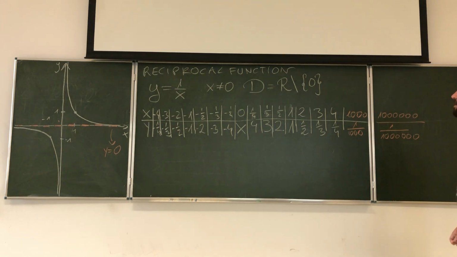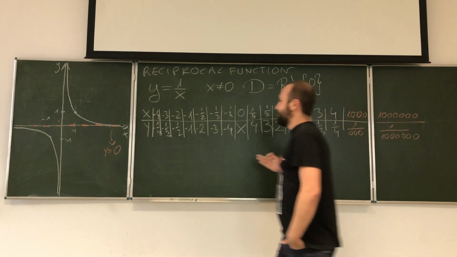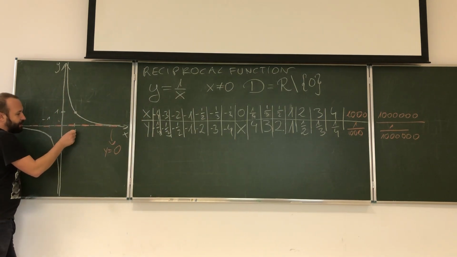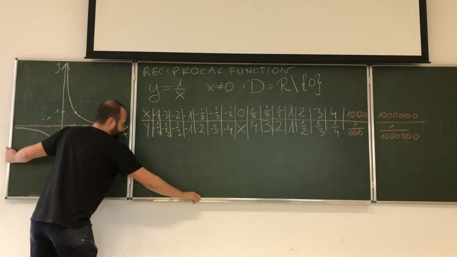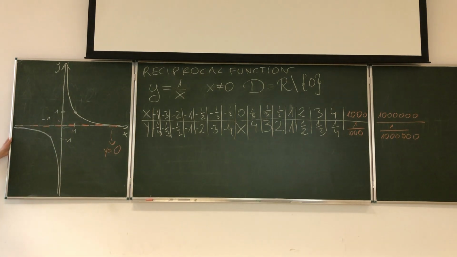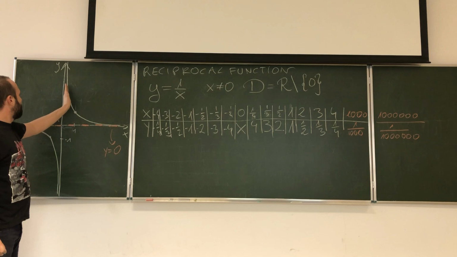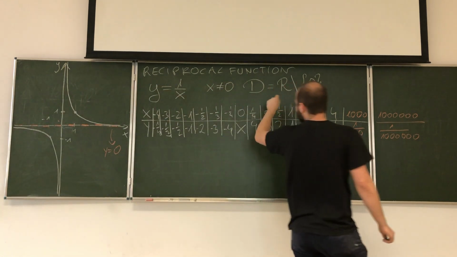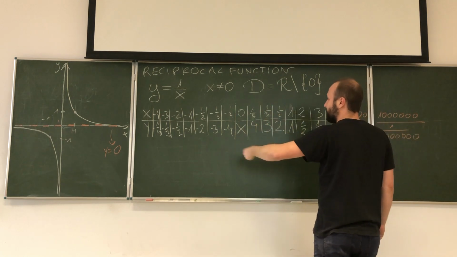So now let's think what is happening as the values of x are going from negative 1 to 0. Look, what is happening now is that for the values of the function, we are dividing by a smaller and smaller number.